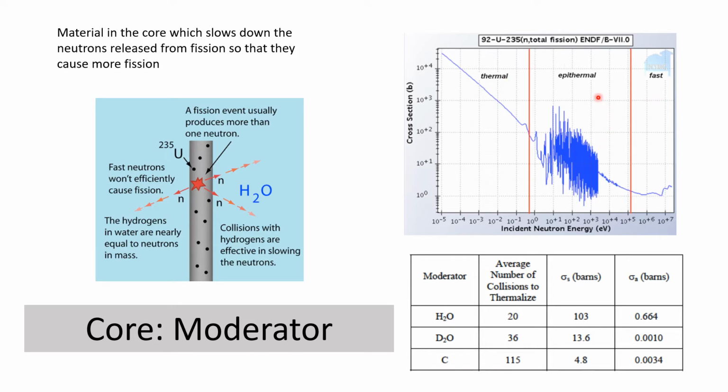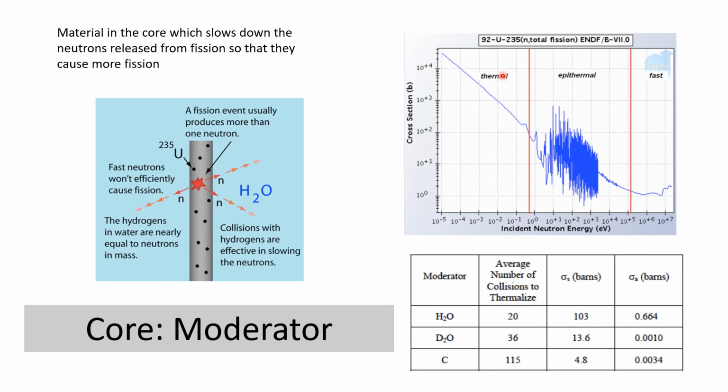As you can see from this graph here, the probability of fission to occur for fast neutrons is very low. Also for your epithermal neutrons. So what we want is that your neutrons should be maintained in this thermal state. That's why we stated earlier that fission can occur more if you have your thermal neutrons.